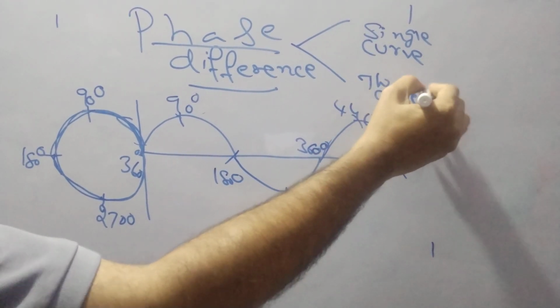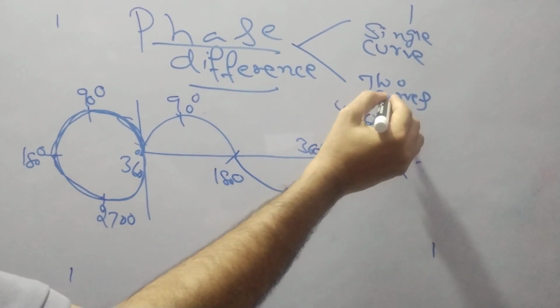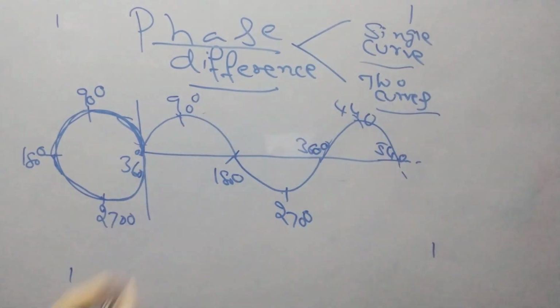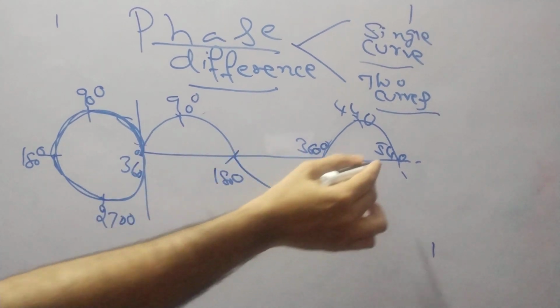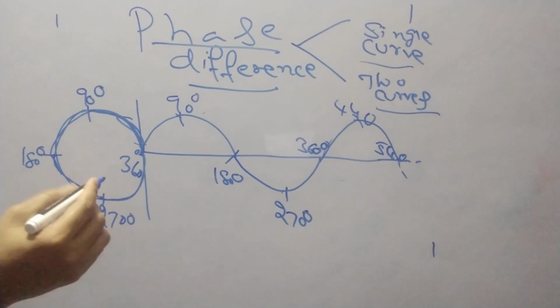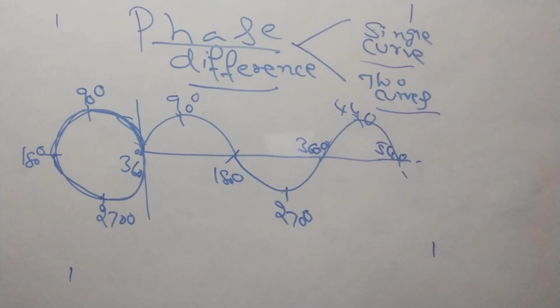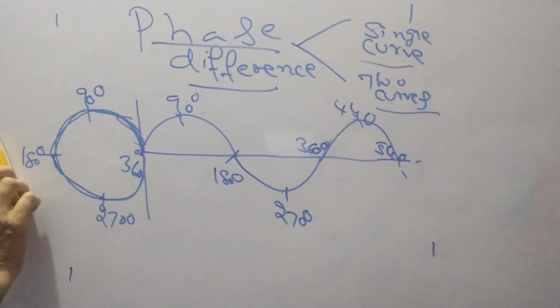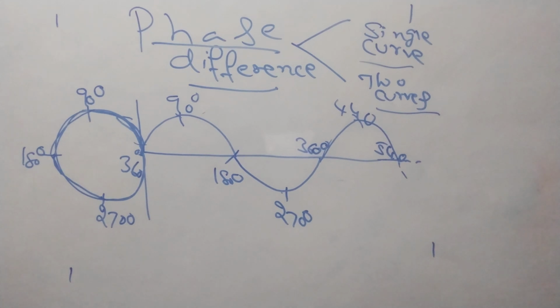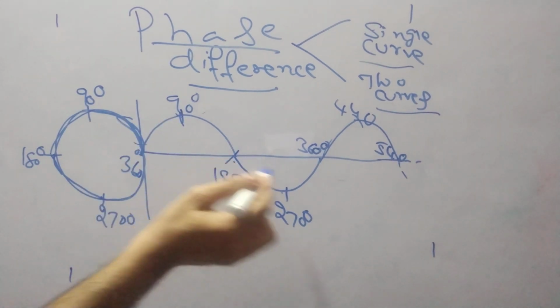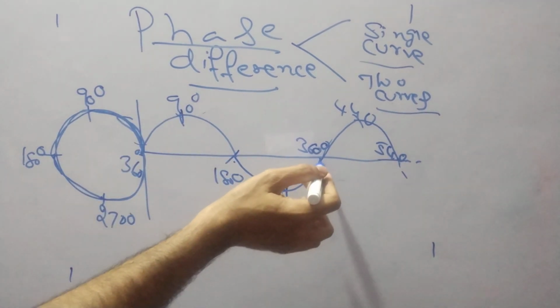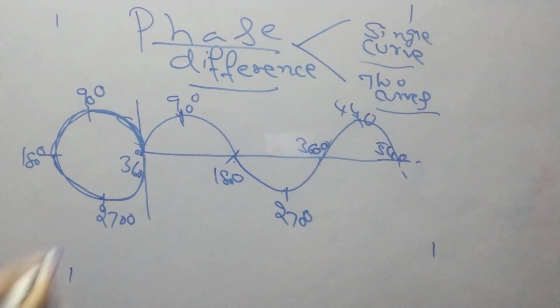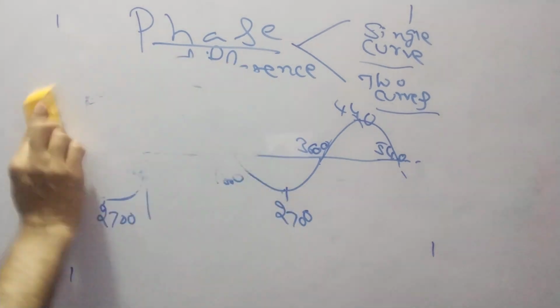So in this single curve we will define how to take the phase difference. These are the angles 90, 180, 270, 360, 450 and 540 and so on. I think these angles are clear for you now.